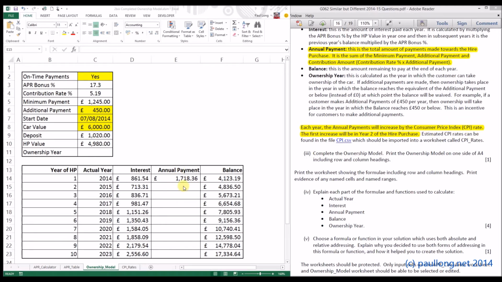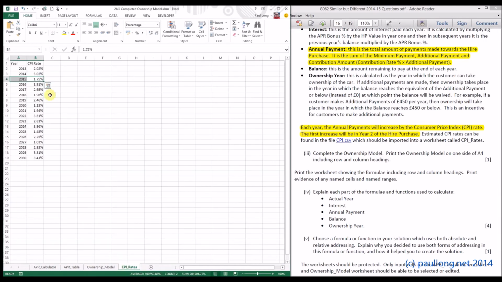And that first increase will be in year 2 of the hire purchase. So the annual payment is going to increase. So the first thing we need to do is take the original annual payment that we had, which is going to be the cell above, in this case E14. Now what we need to do is work out what the consumer price index is going to be. Well, we can look up the year 2015 in this table and it will give us 1.75%.